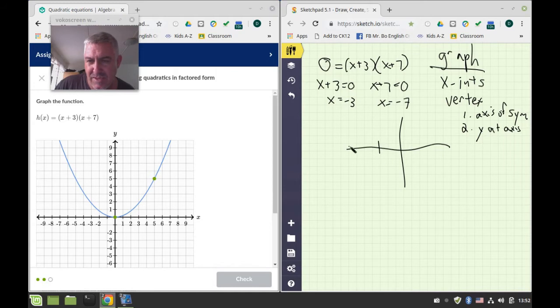I want to find the axis of symmetry there in the middle. So I take -3 plus -7 and average them, divide by 2. And that is -10 divided by 2, which is -5.